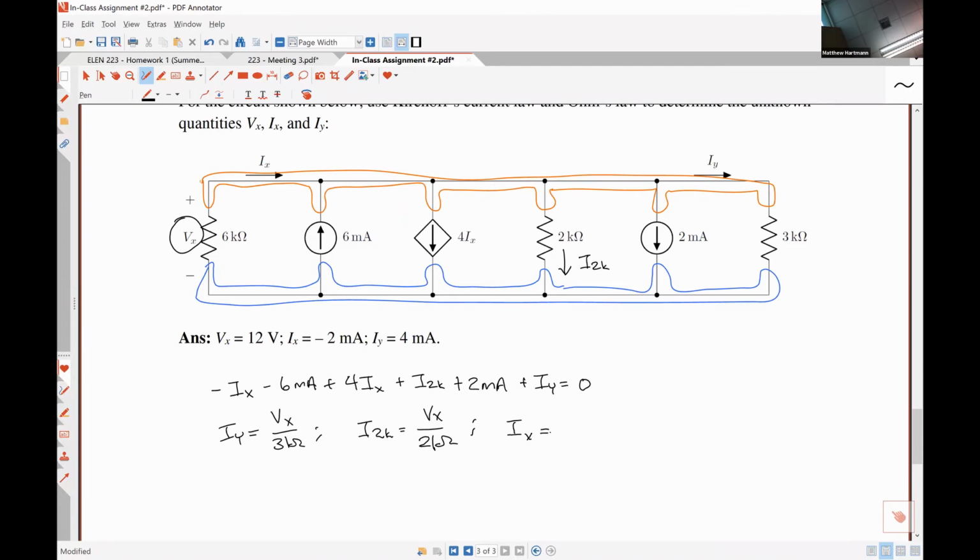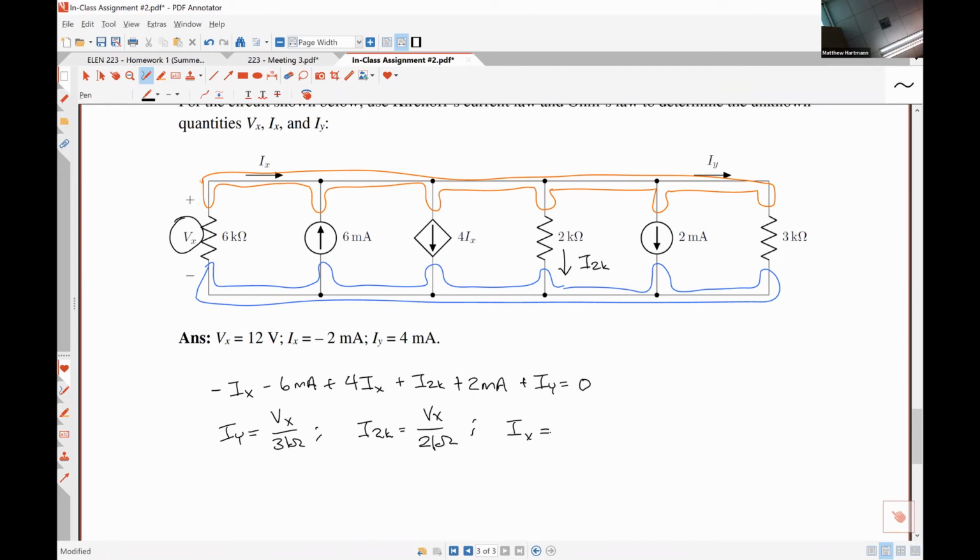Now for Ix. Notice that the current is flowing into the negative polarity terminal of the voltage Vx. So what that means is that to satisfy the passive sign convention, we would actually want the current flowing into the positive polarity terminal, because we know that our resistor needs to absorb power.